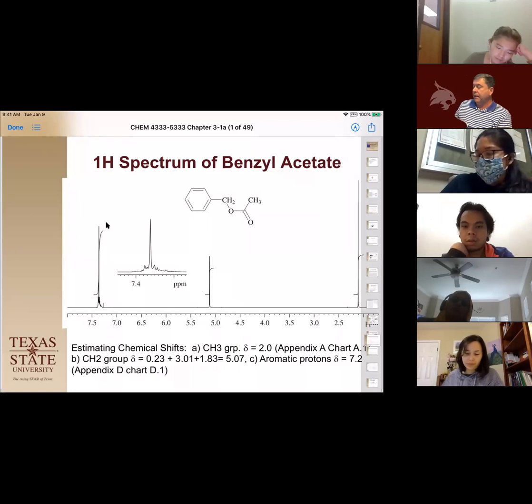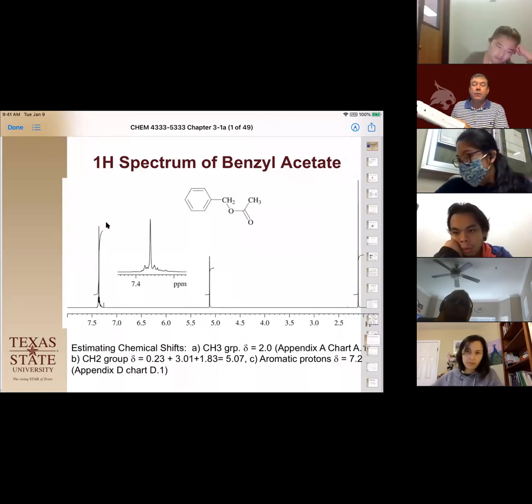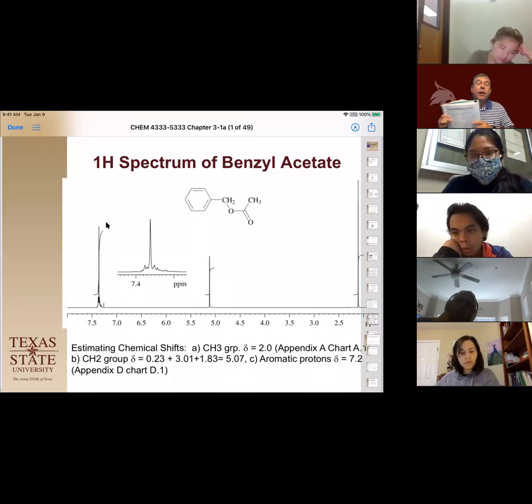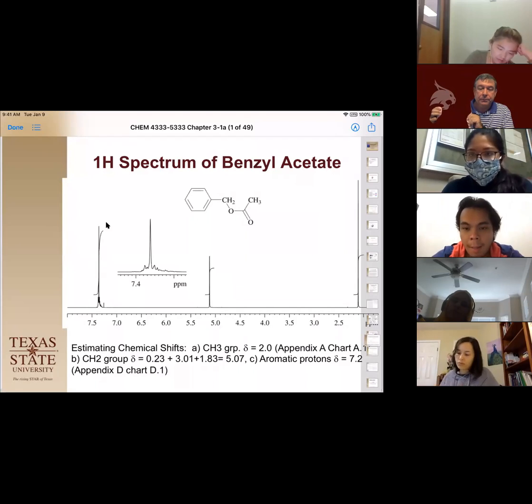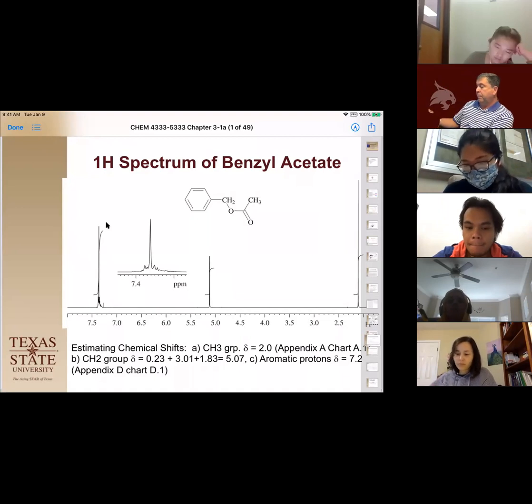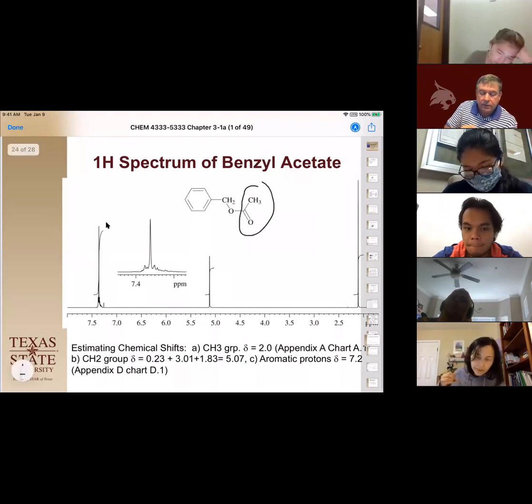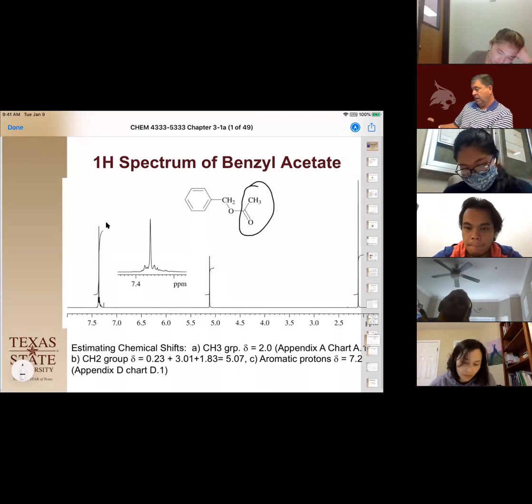In Appendix B here, you can actually calculate where you expect to find peaks based on what's attached to the different groups. Okay, so if we look at this table here and we look at table B1, let's look for a CH3 attached to this carbonyl group. Let's look for just that right there. And a CH3 attached to a carbonyl.